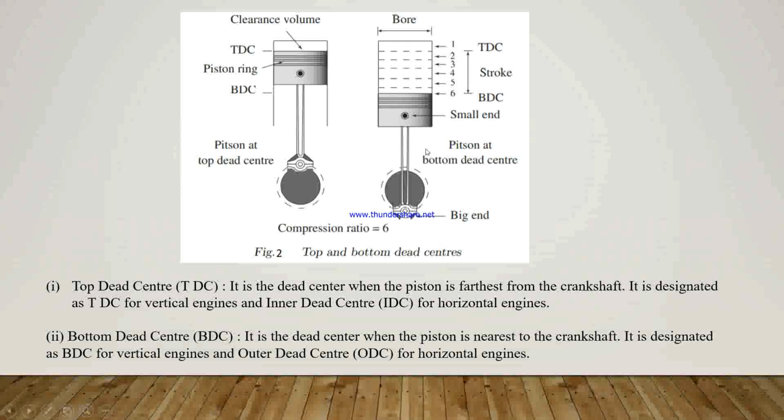But in bottom dead center, the piston is nearest to the crankshaft, so it is also called BDC. Here we can also see the top dead center, the bottom dead center, and the length between them, that is the stroke. And here we can also see the clearance volume. When the piston is farthest from the crankshaft, the volume created there is the clearance volume. And it is the bore diameter, that is D.